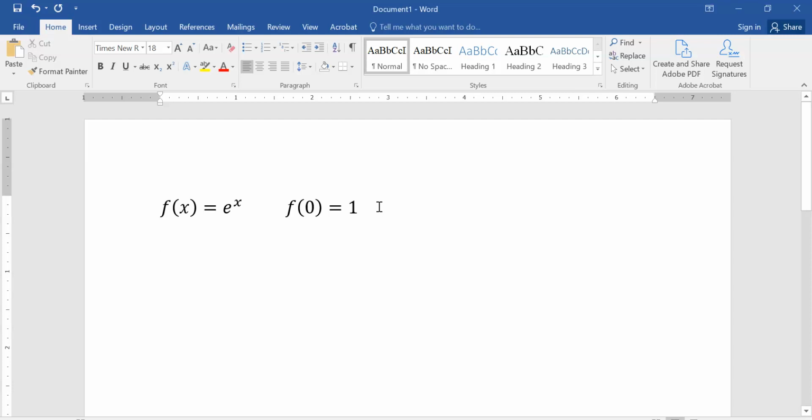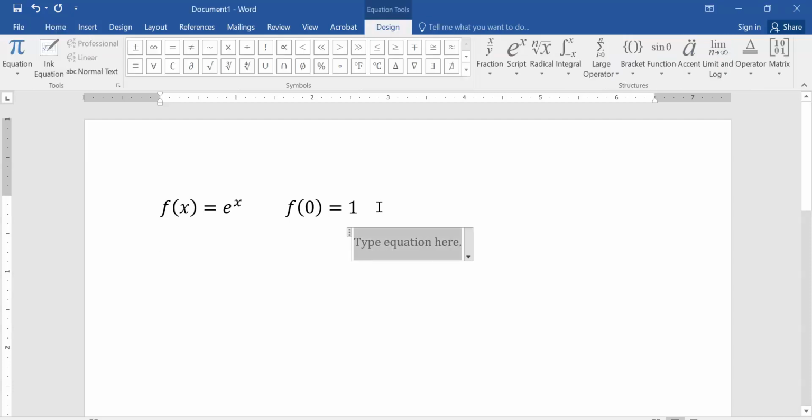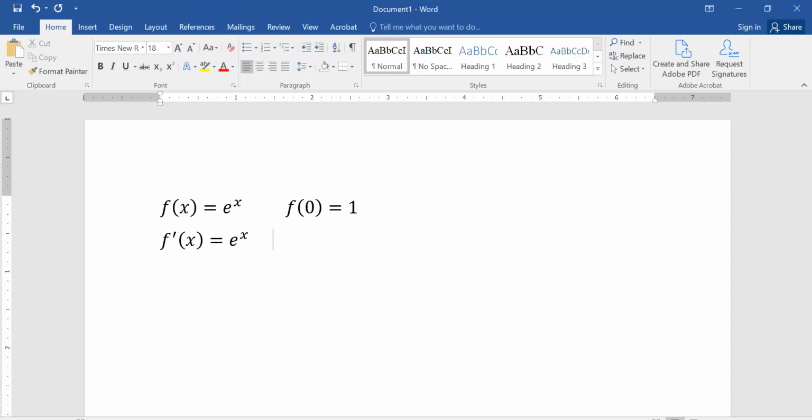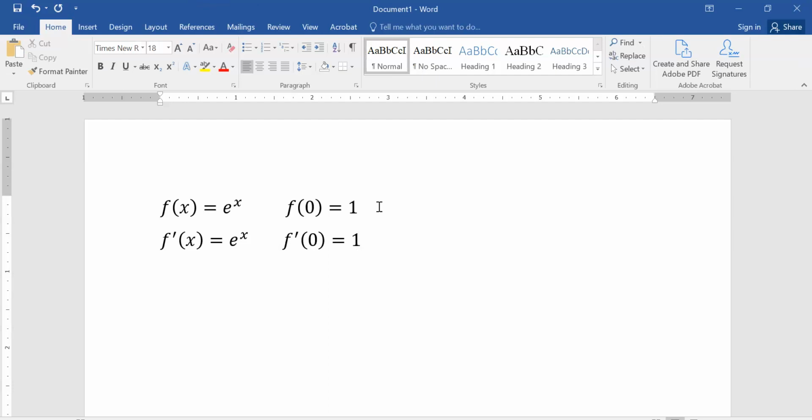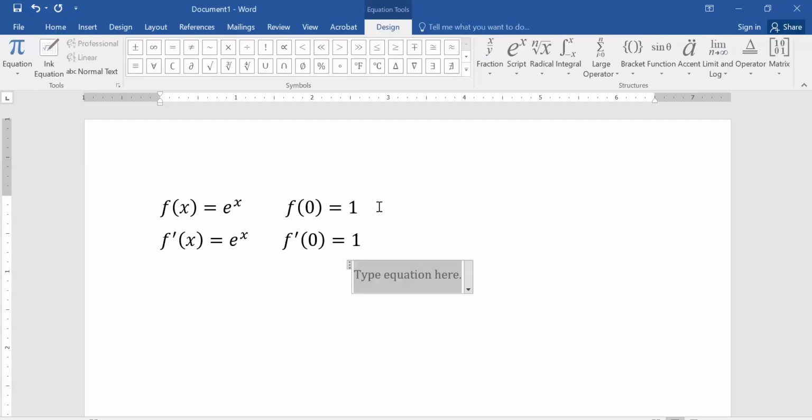So let's start taking derivatives. The first derivative of f of x is still e to the x. That's nice. And when you plug in 0, you still get 1. Now, you can see the pattern here.